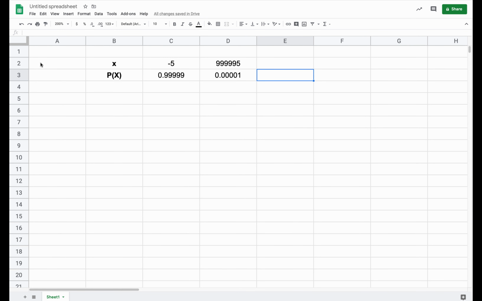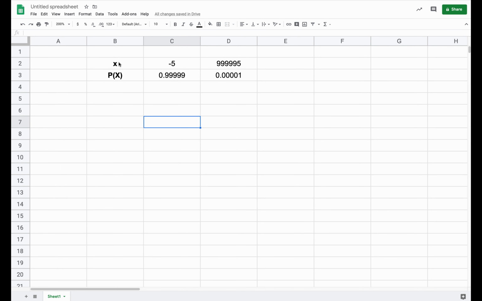Instead of working by hand, I'm going to show you how to compute the mean and the standard deviation for this random variable using a spreadsheet, because it's easier to get the answer when there are trickier numbers like very small numbers and very large numbers that would be challenging to put into a calculator.